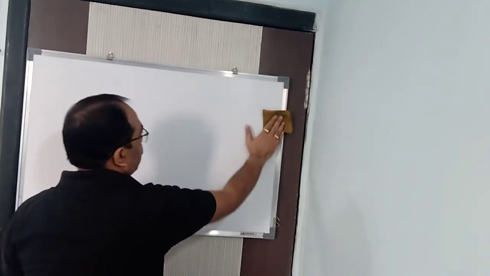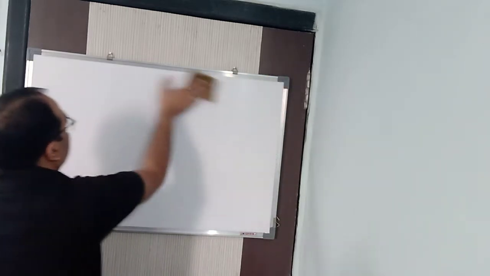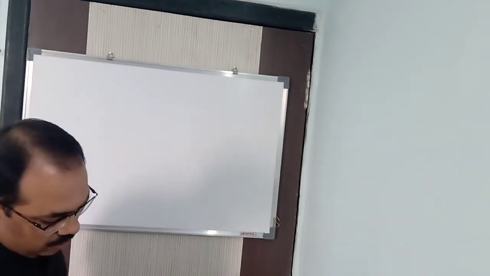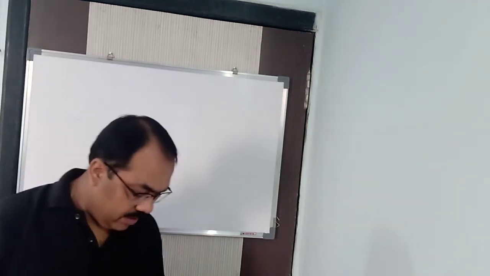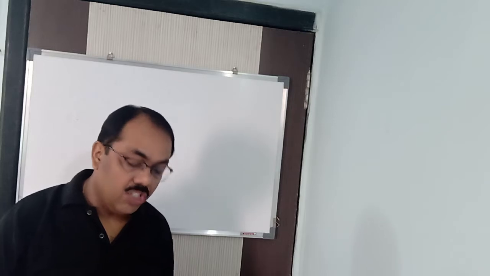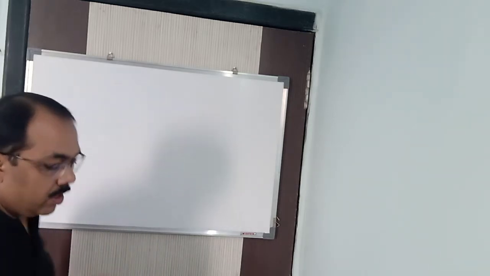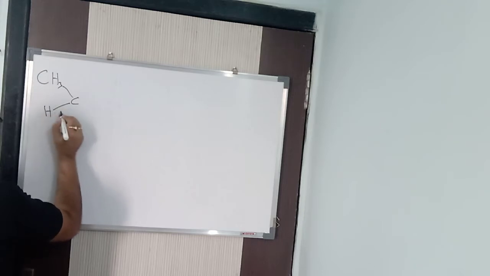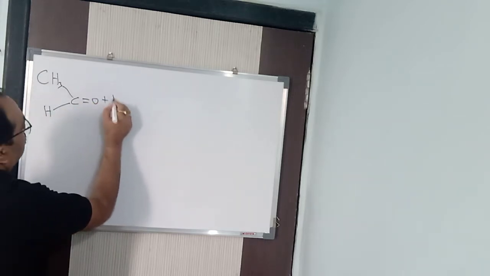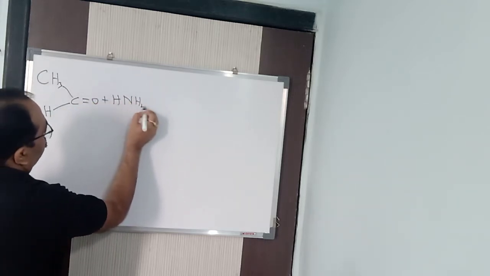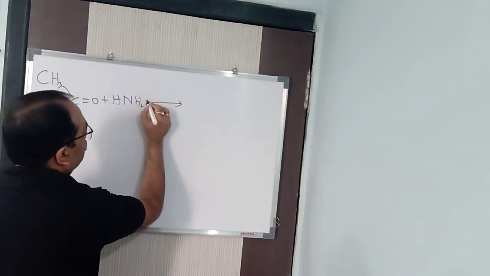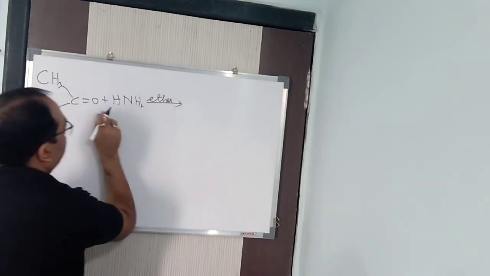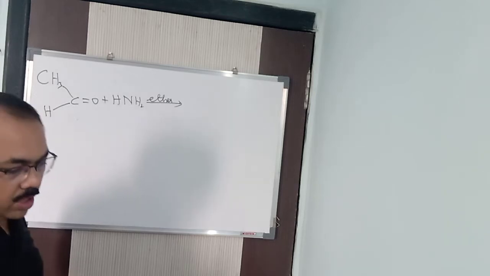Fine. Next we will come to nucleophilic addition reactions with elimination of a water molecule. Till now we were doing nucleophilic addition reactions. Now we will see nucleophilic addition with elimination of a water molecule. Alright, see here. Now CH3CHO, when it reacts with NH3, ammonia, in presence of ether, what is going to happen?